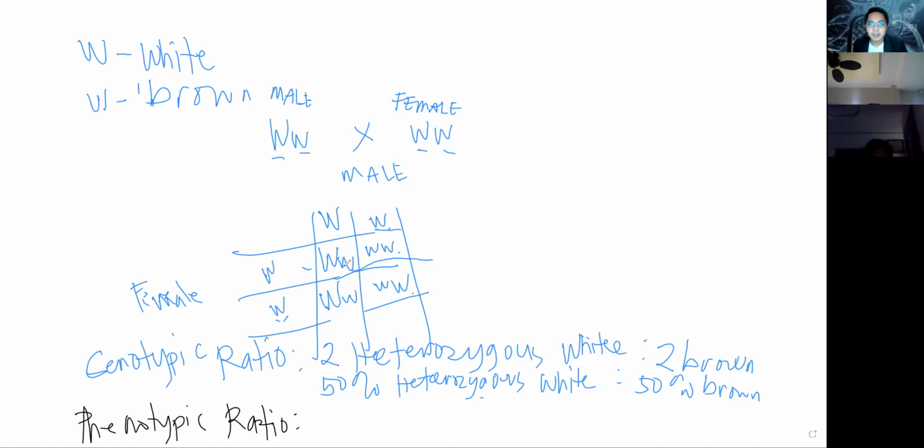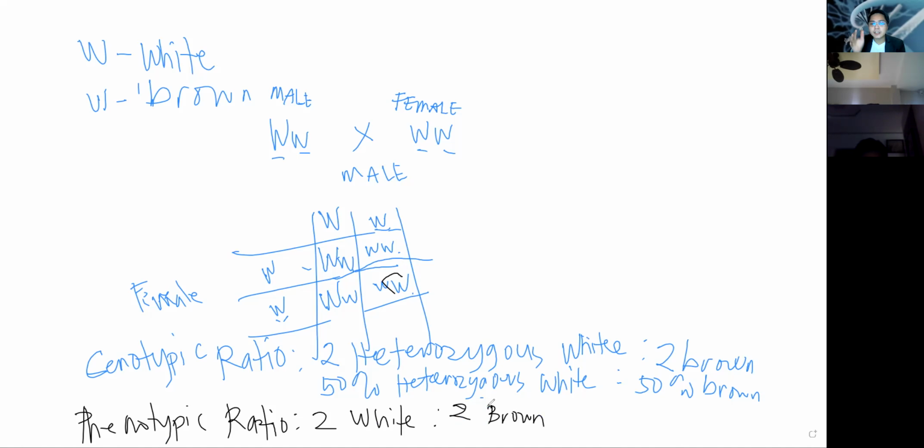In this case, I can actually see 2 white. This one is brown, 2 brown. Correct?